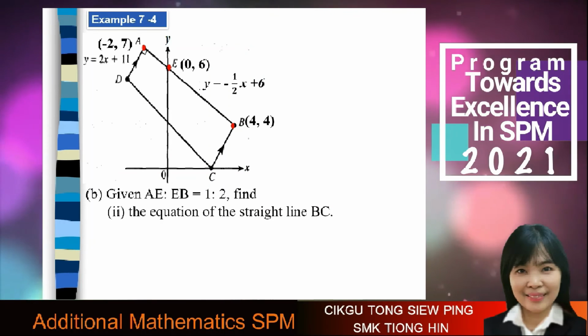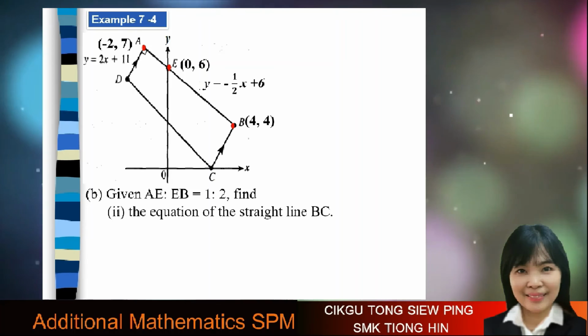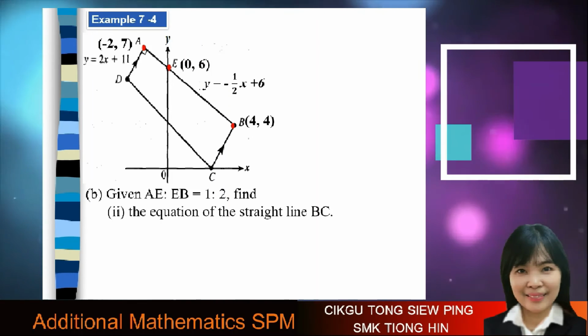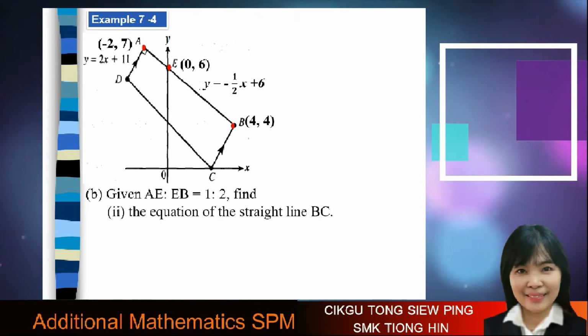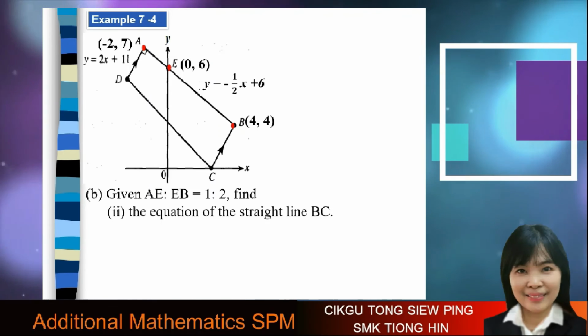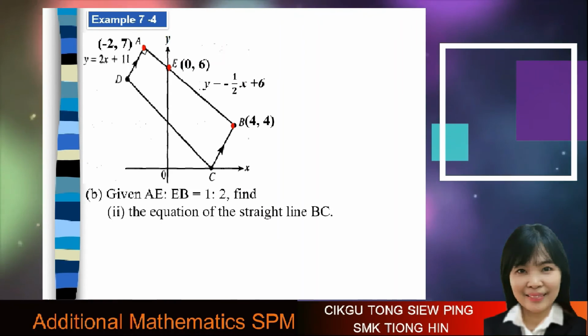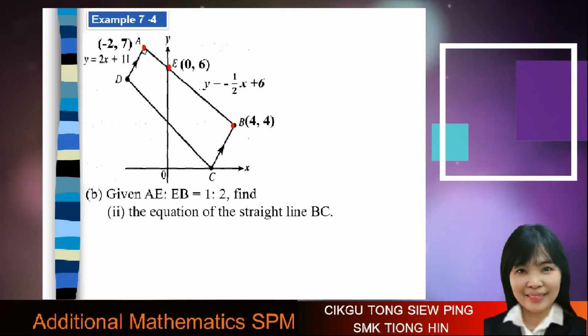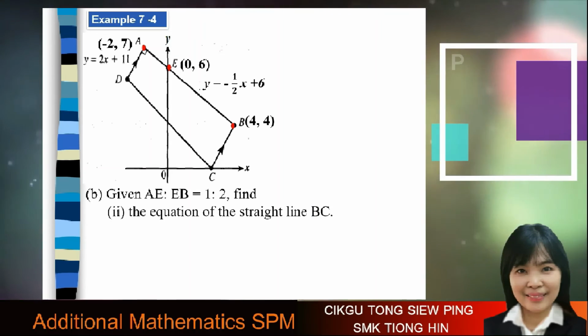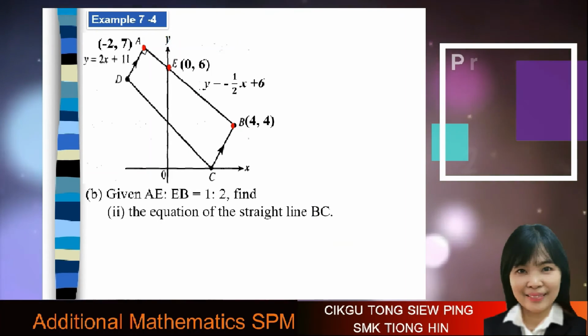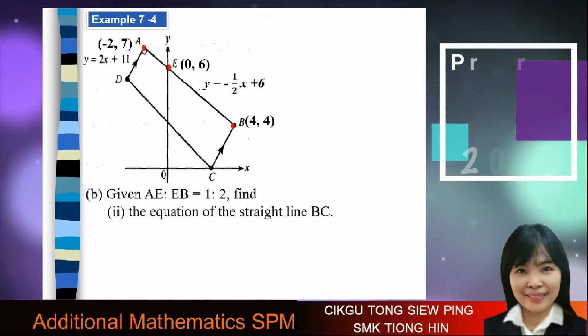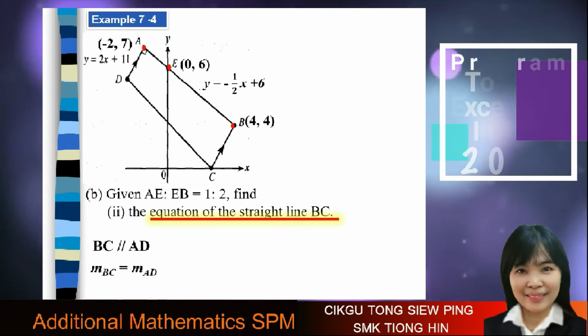B2. Given the ratio of AE to EB is 1 to 2, find the equation of the straight line BC. From this diagram, we know that BC is parallel to AD. That means the gradient of BC must be equal to the gradient of AD. That is equal to 2.